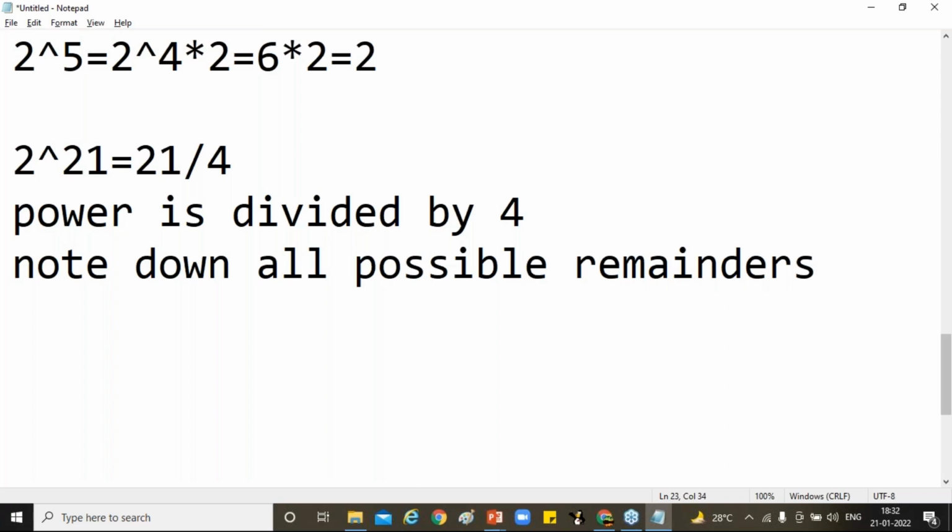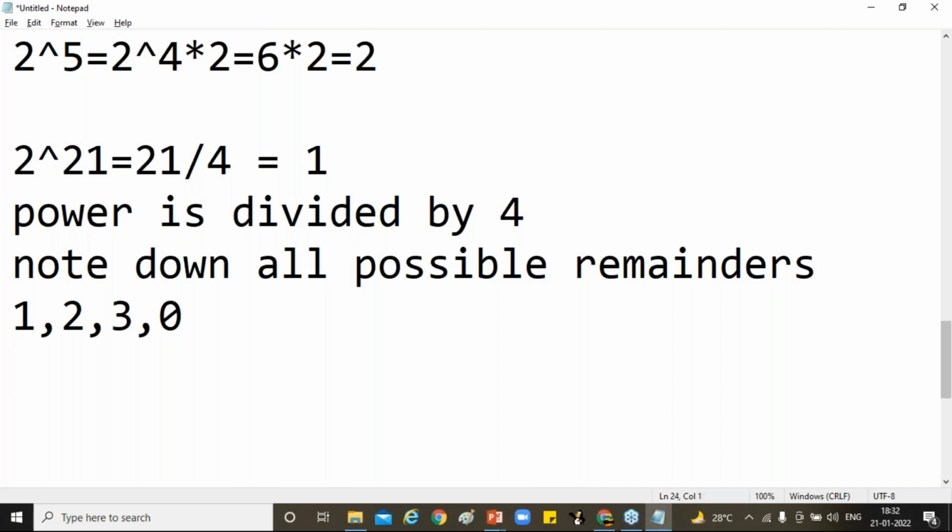The possible remainders may be 1, 2, 3, or 0, because whenever a number is divided by 4, the possible remainders are 1, 2, 3, 0, less than 4. So 21 divided by 4: 4 fives are 20, and the remainder is 1.